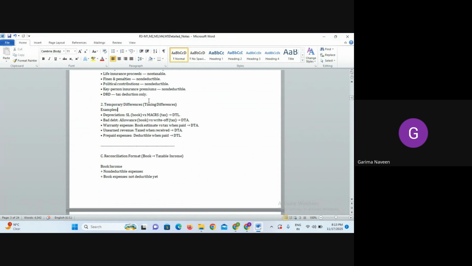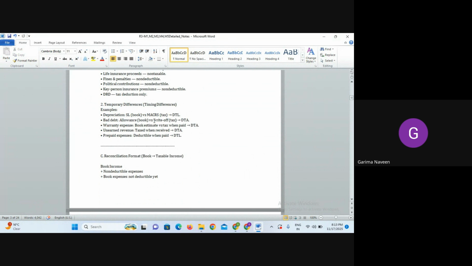Temporary differences are those differences which are due to timing. Certain items are recognized in book income today, whereas they may be recognized in the future for tax purposes, or there is a difference in method, like for depreciation. Bad debt expense, for example: in book income we create an allowance for bad debt, whereas for tax purposes we do not create any allowance.